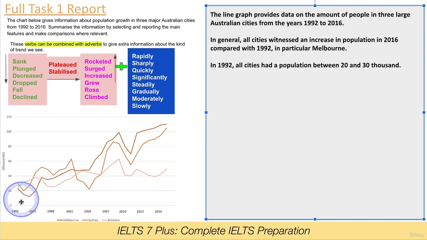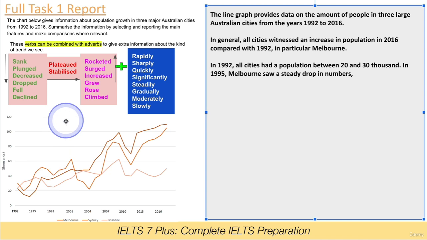And then what happened then? So 1995, Melbourne saw quite a significant drop. In 1995, Melbourne saw a steady drop in numbers, reaching, I'd say 10, maybe 12, or maybe a bit more.